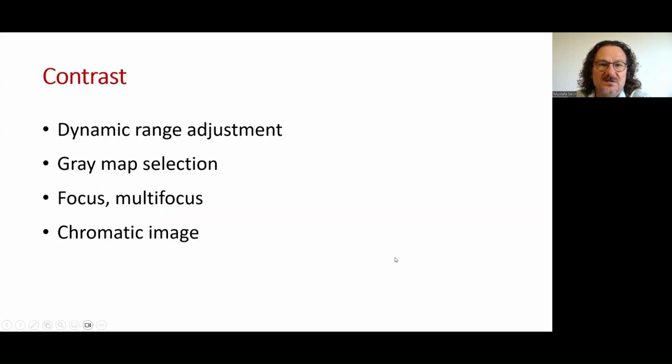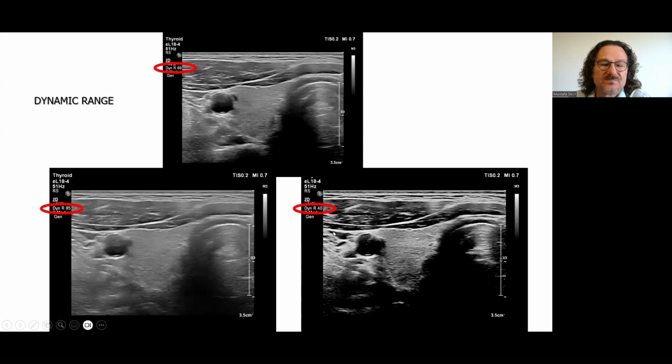Contrast is the other parameter that should be optimized by using dynamic range, gray map selections, focus, and rarely chromatic imaging. Dynamic range affects the contrast.